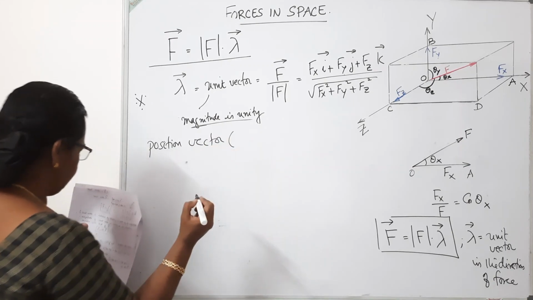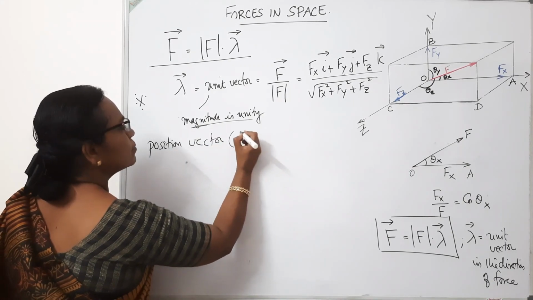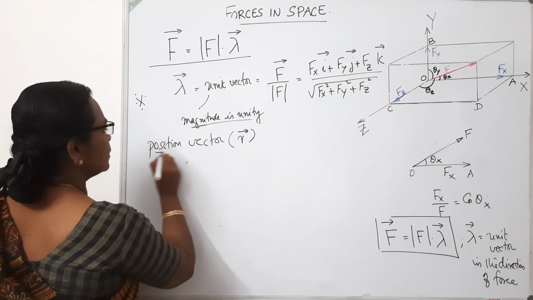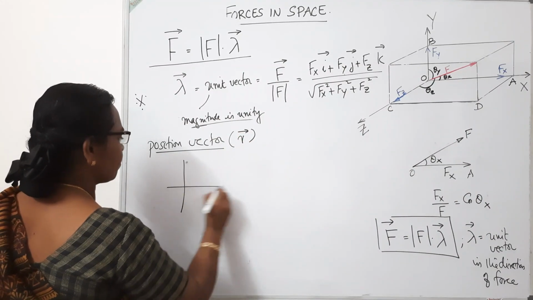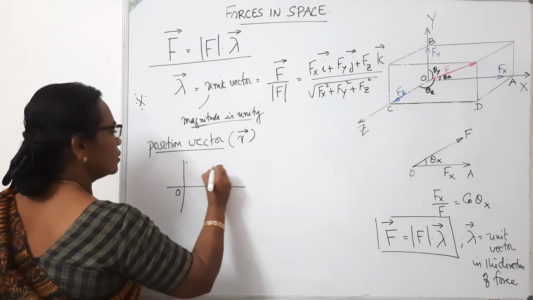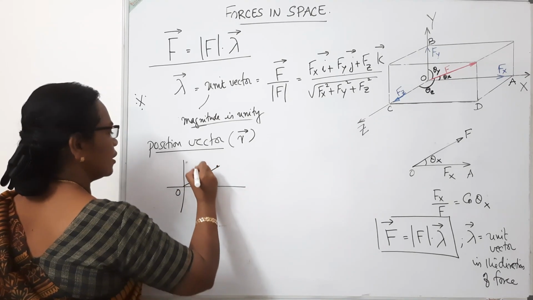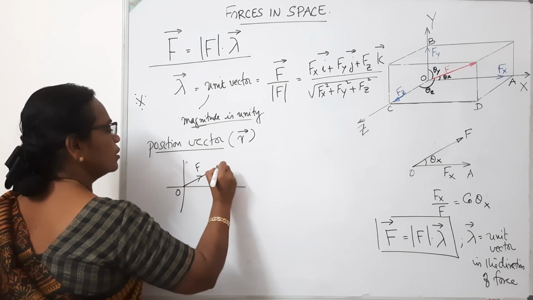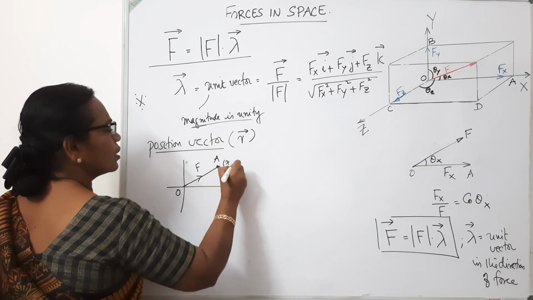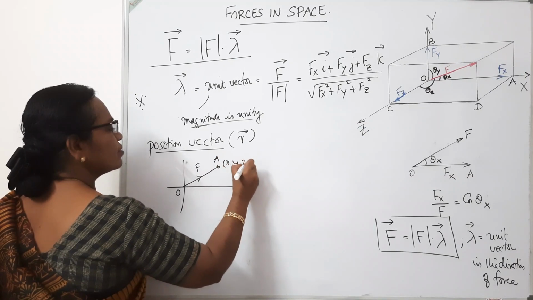Position vector, we represent it by R. For example, let us see, with respect to the origin, a force F is acting in this direction, OA. The coordinates of A are x, y, z.